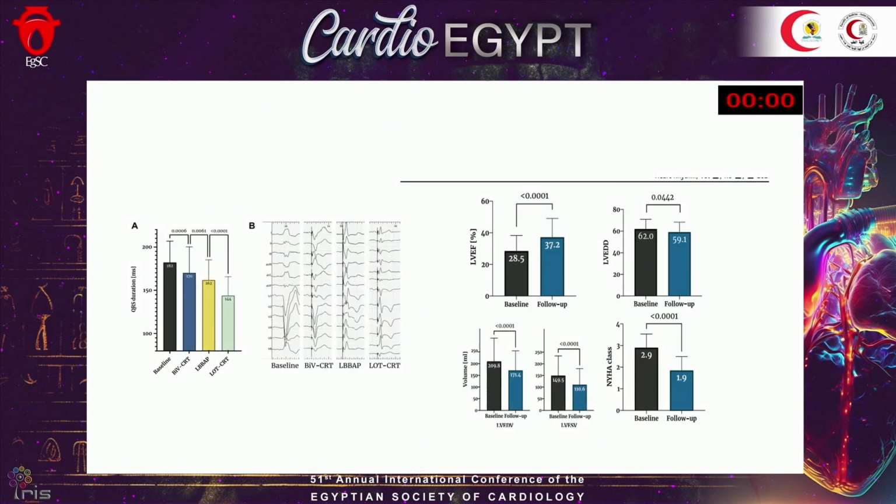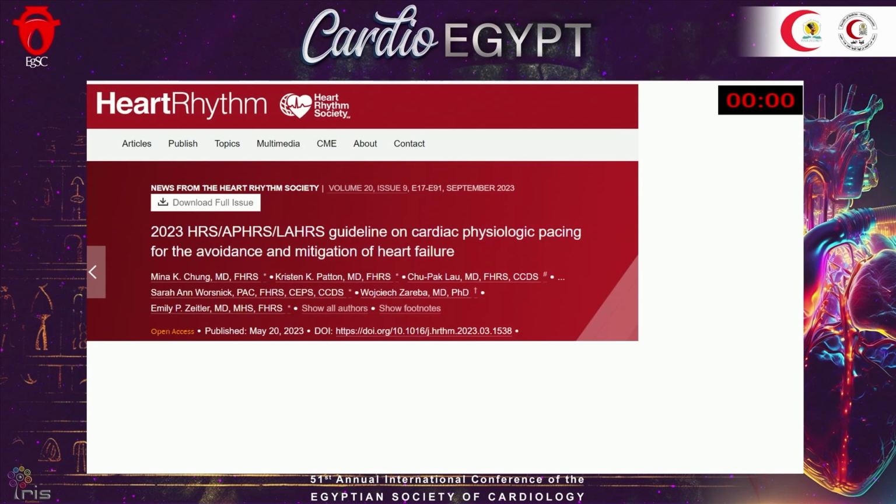They found it caused more narrowing of the QRS duration and more significant improvement in left ventricular ejection fraction, NYHA class, and echocardiographic parameters. But there is still no head-to-head comparison of this technique against left bundle area pacing alone. It is just a one-arm trial.